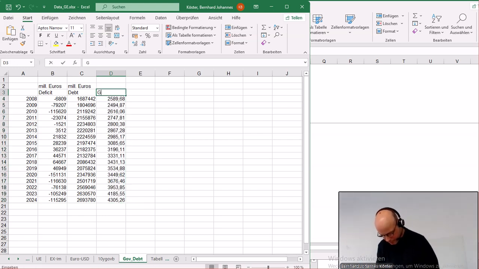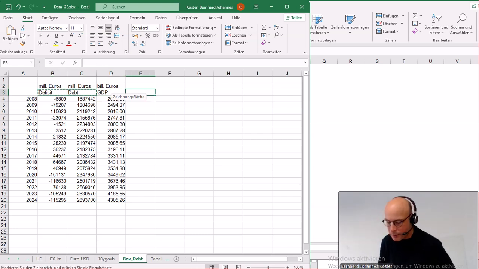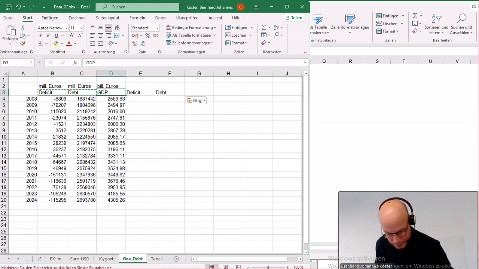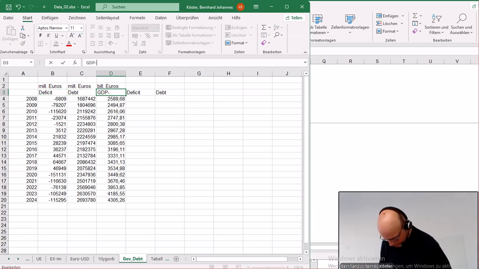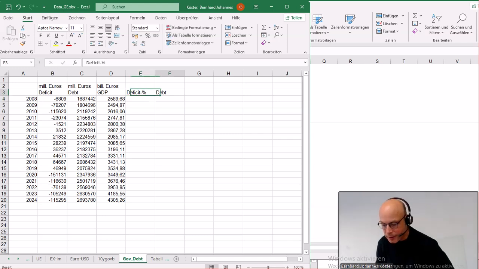So GDP, but now you have to be careful. These are billion euros. And then let's calculate here deficit in percent and debt in percent of GDP.